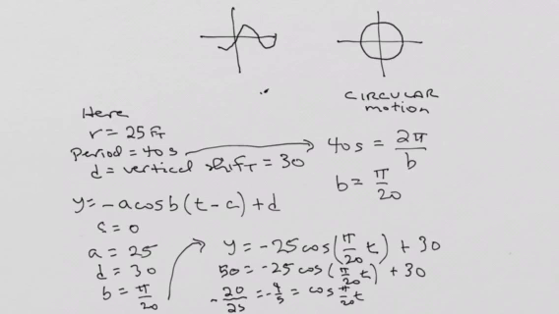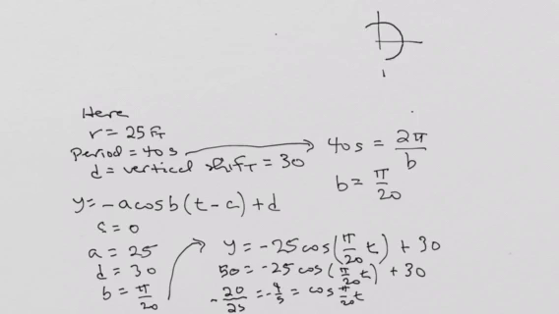And we're almost done with this problem. Negative 4/5 equals cosine of pi over 20 times t.